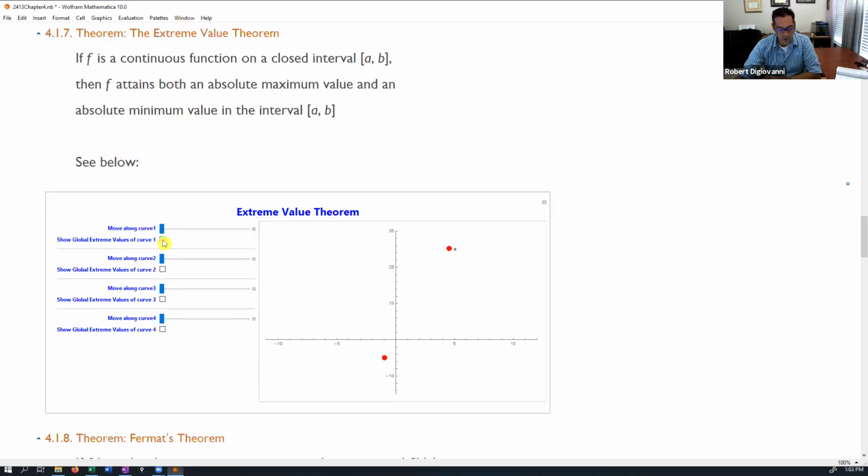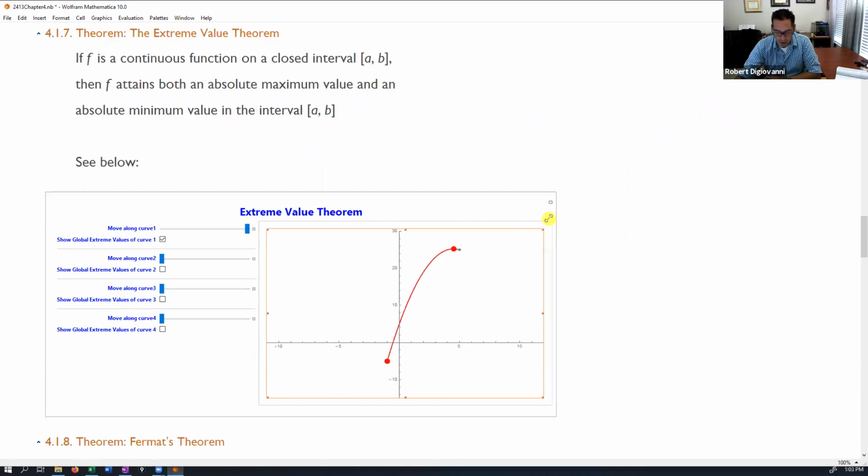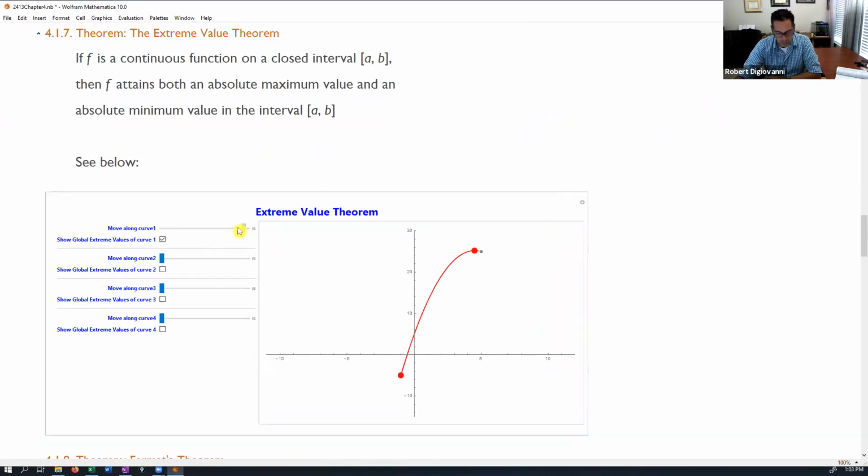Here's an example of a graph where it's kind of hard to see this. It goes up and it curves down a little bit. Do you see that this is a continuous function that has an absolute maximum here and an absolute minimum here?